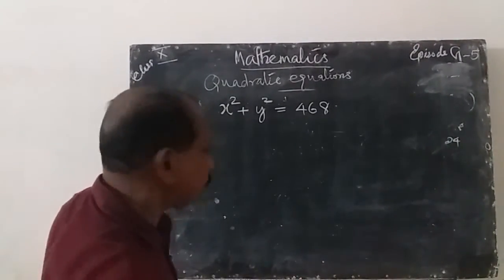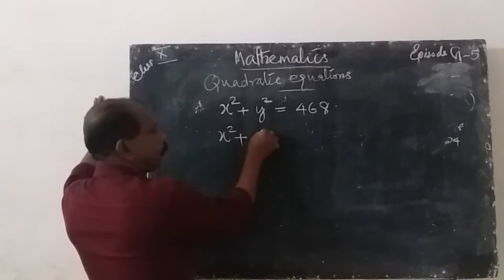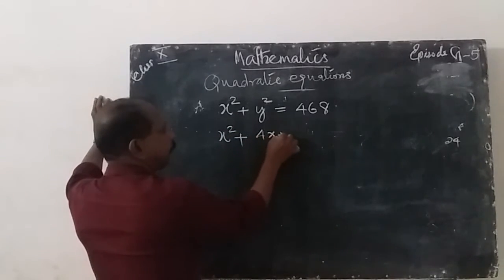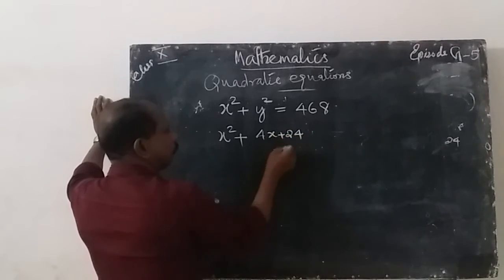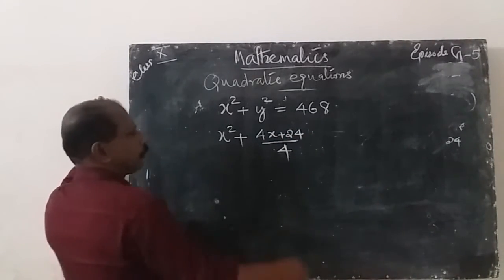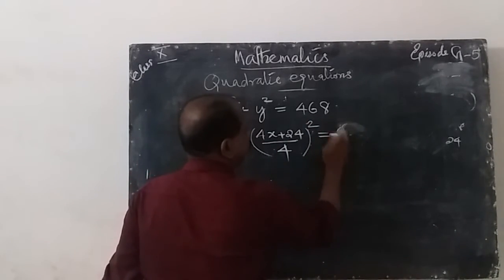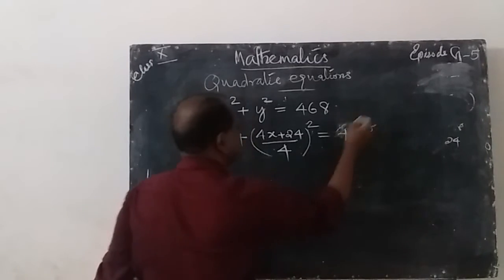Then what is y? That is x square plus, what is y? 4x plus 24 by 4, that is y, the whole square is equal to 468.